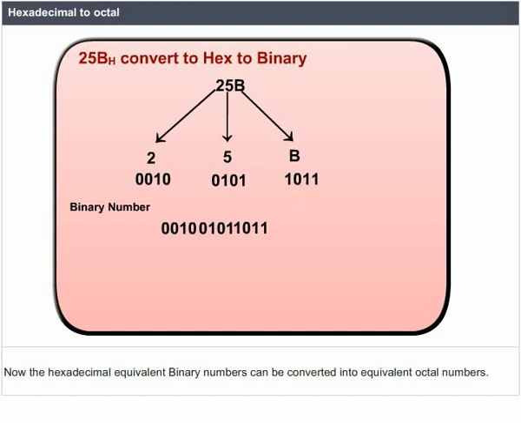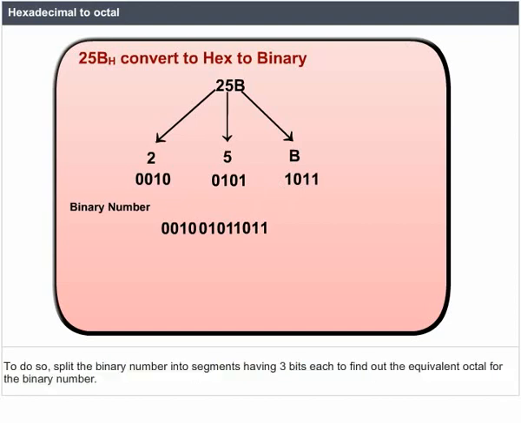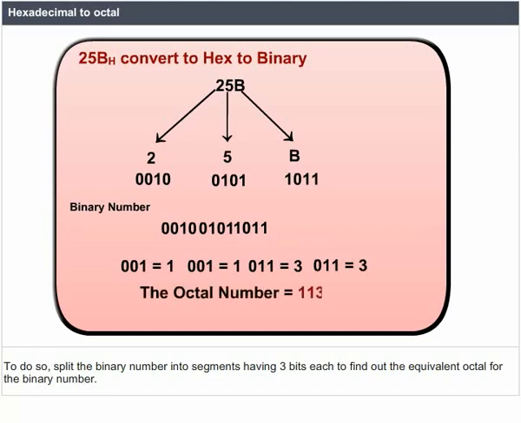Now the hexadecimal equivalent binary numbers can be converted into equivalent octal numbers. To do so, split the binary number into segments having 3 bits each to find out the equivalent octal for the binary number. 001 equals 1, 001 equals 1, 011 equals 3, 011 equals 3. The octal number is equal to 1133 to the base 8.